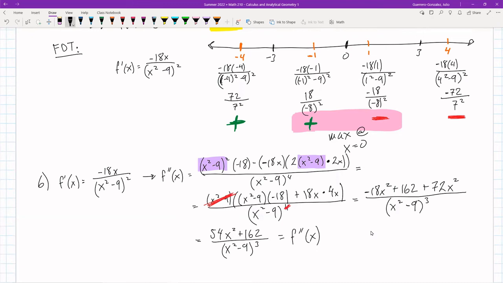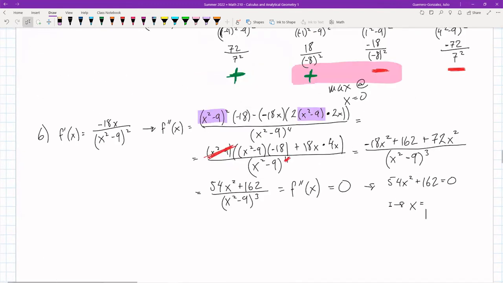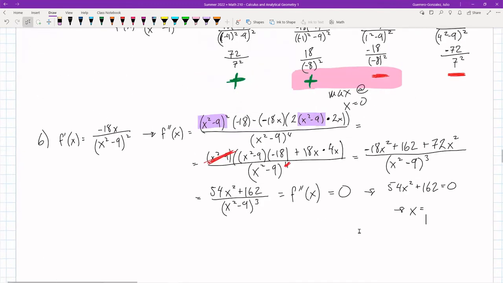Okay, so let's go ahead and now find the inflection points. So then we need this equal to 0. So then therefore, the top, 54x squared plus 162 has to equal 0, right? So then x has to be plus or minus... Whoa. Something tells me I forgot something. Oh, we didn't.